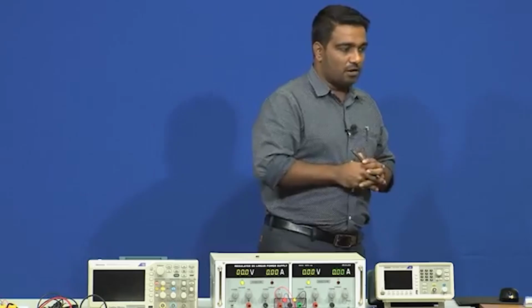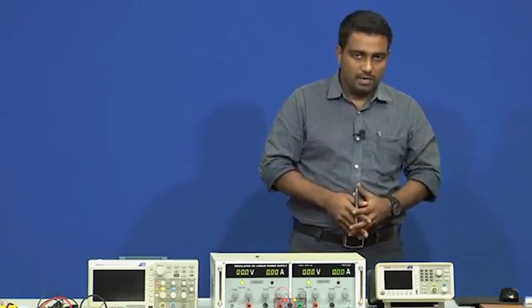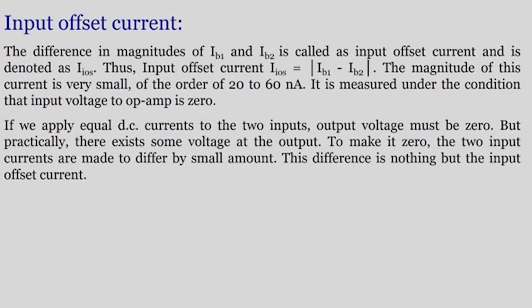Now, in this particular class we will see input offset current and what exactly input offset current means. Again, if you remember the circuit for the input bias current, the same circuit we can use for input offset current.